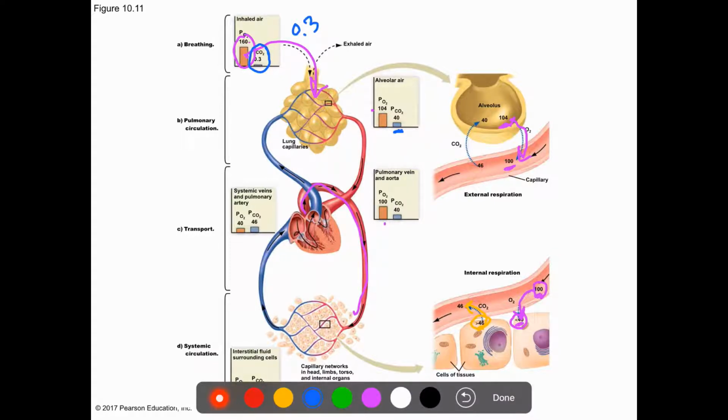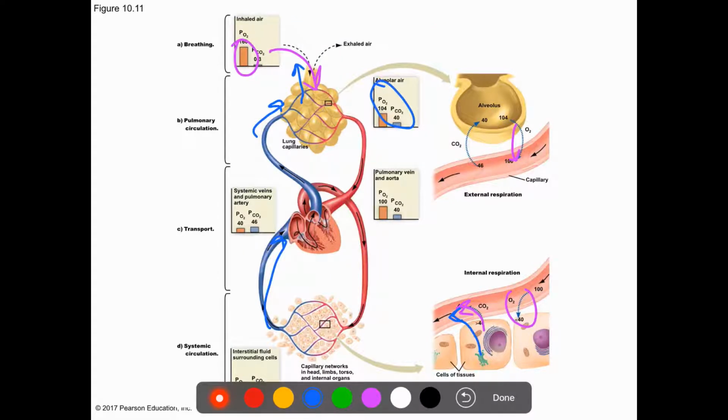So the alveolus is an area of very high partial pressure of CO2, and CO2 will diffuse out toward the area of low pressure. This is how the partial pressures of these two gases are helping us to breathe. Again, just remember that gas moves from areas of high pressure to areas of low pressure, and this is how we are breathing.